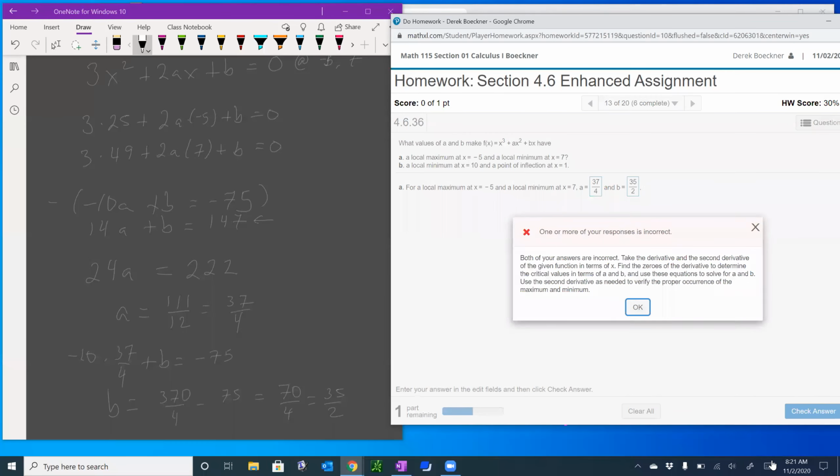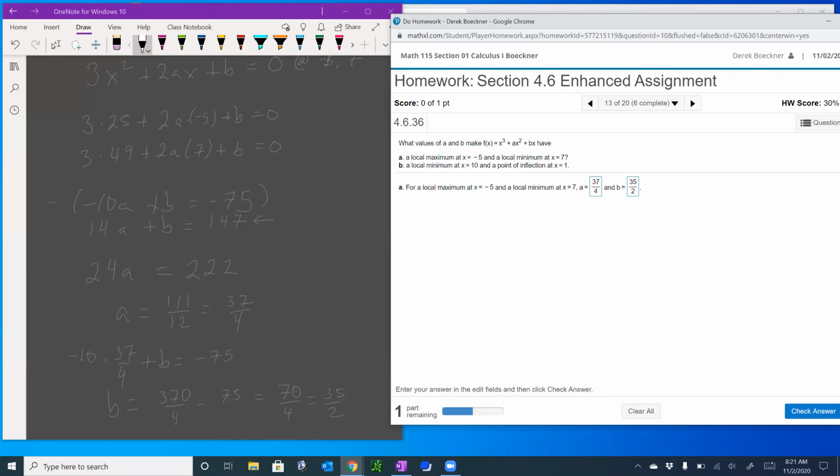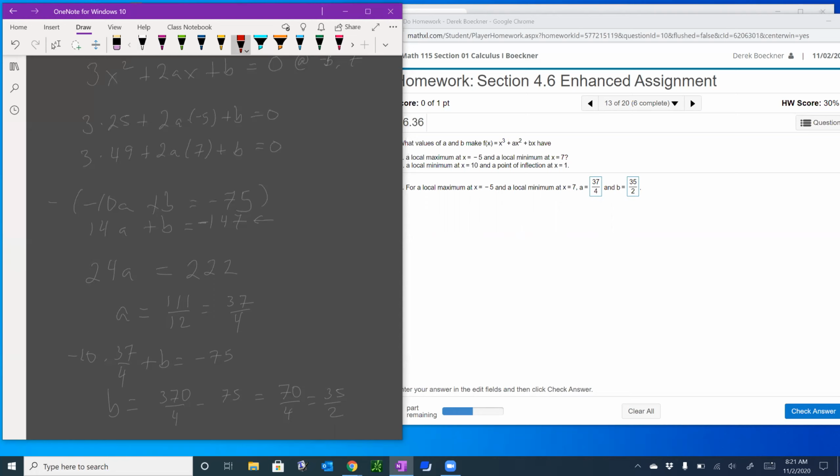Where did I screw up my arithmetic? Oh, this is minus, isn't it? Yep, that's a minus sign. So I need a minus sign there.